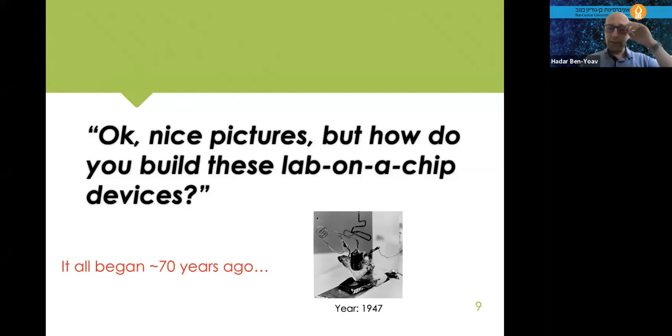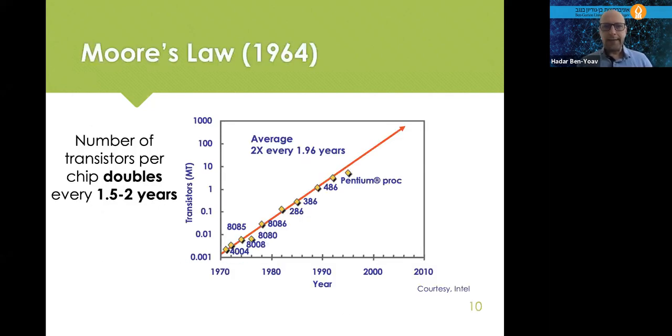And as I said, everything began almost 70 years ago with the discovery of the semiconductor industry. And it's all related to transistors, eventually. If we look at how the transistor evolved since this discovery, there is Moore's law showing the number of transistors as a function of the year, and we see the number of transistors per chip or per processor doubles every 1.5 to 2 years.